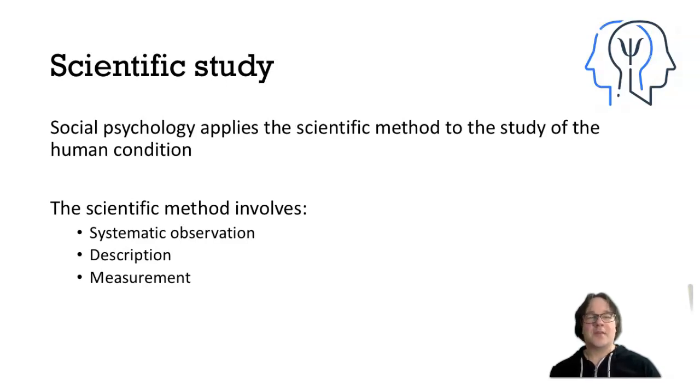So the scientific method not just strives to systematically observe, but also strives to describe what exactly it is that is being observed. And finally, the scientific method involves measurement of some kind.